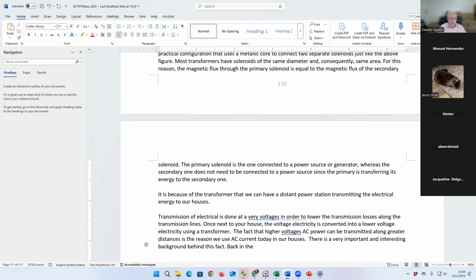Back in the late 1800s and early 1900s, there was a fight between two camps, okay?